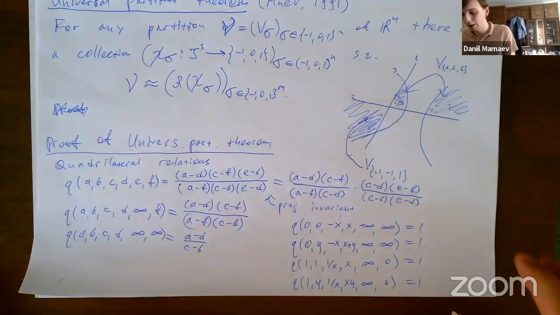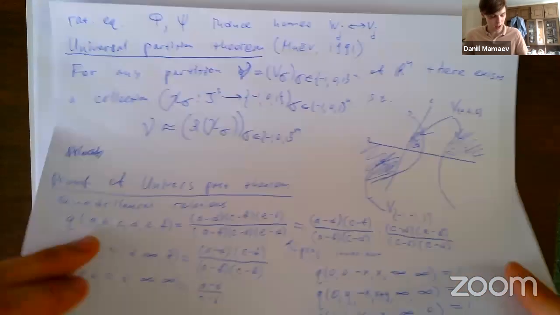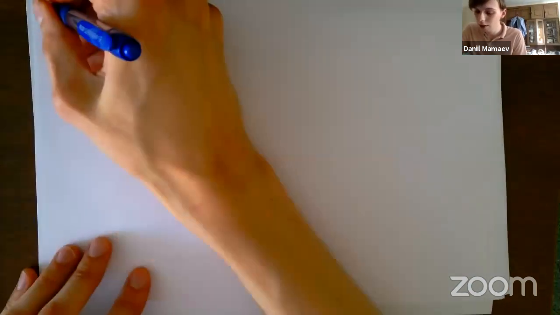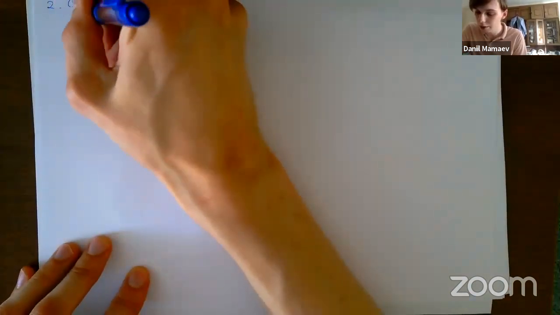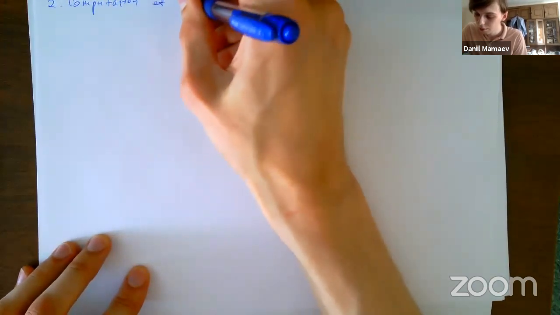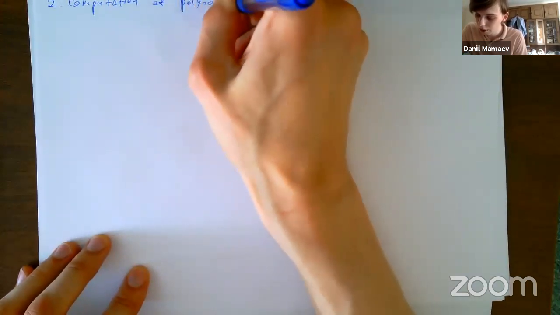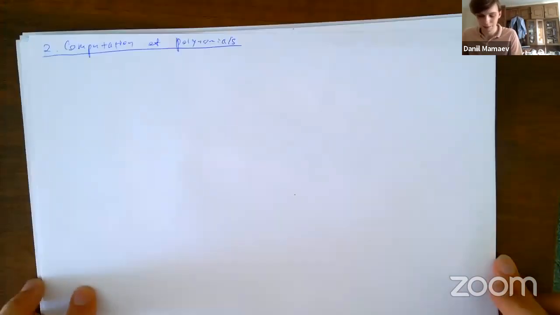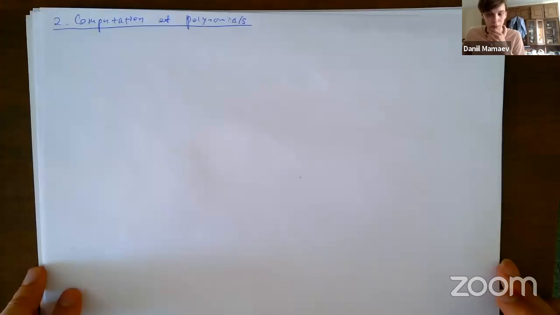Now, having some polynomial, we want to compute it using elementary additions and multiplications. And of course, you can do this. But we need some technical lemma.